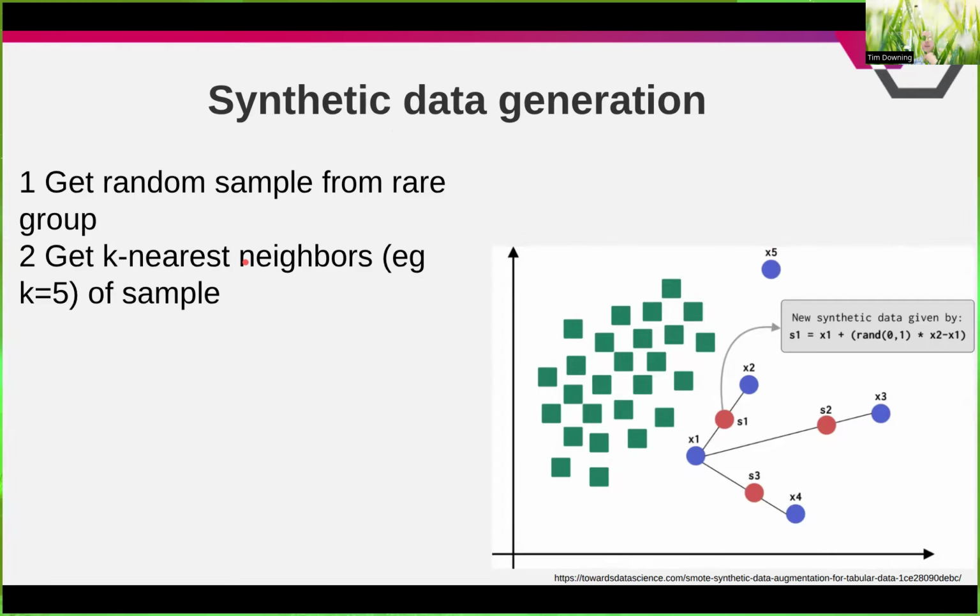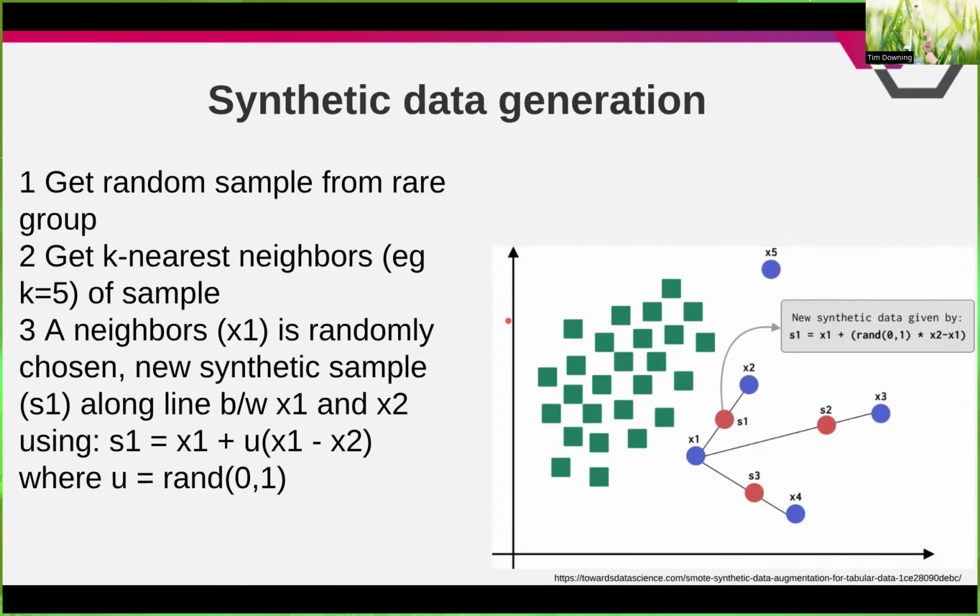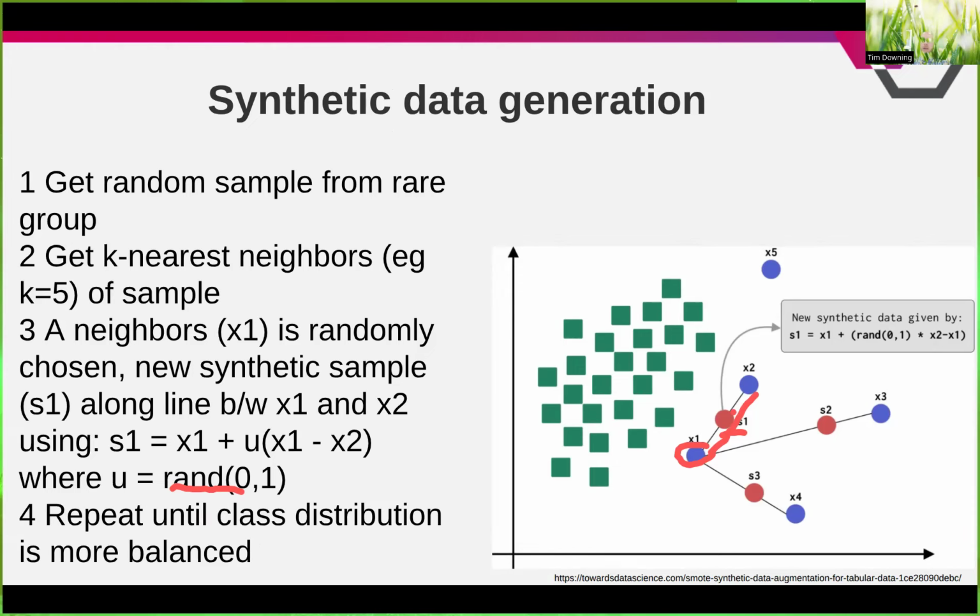We get the k nearest neighbors of each particular sample, so you might have k equals 5. If we choose a sample like x1 here, we can create a new sample s1, which lies along the line between x1 and x2, and some random number that allows a bit of noise to be in there. So we're not just taking a simple linear function of that, we're allowing noise to come into that.